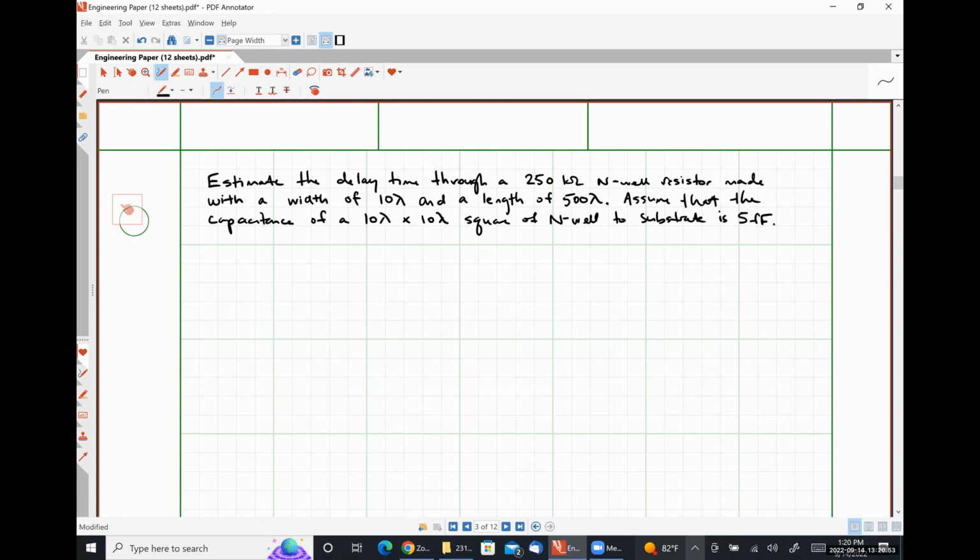So our delay time, TD, is going to be 0.7 times R square C square N times N plus 1. We know what? C square. That's it. So we have to figure out everything else.